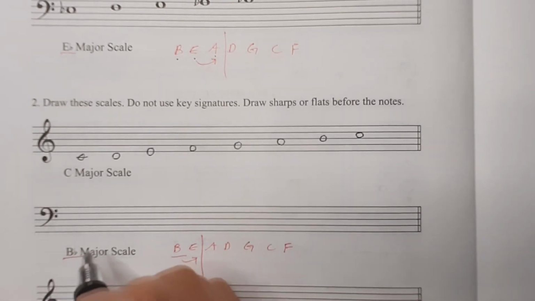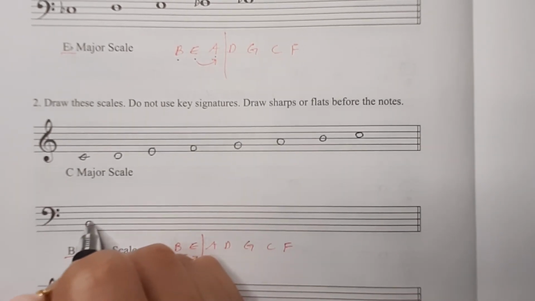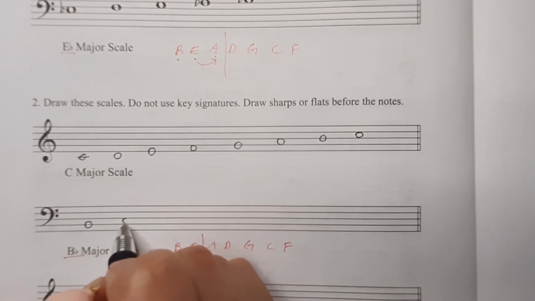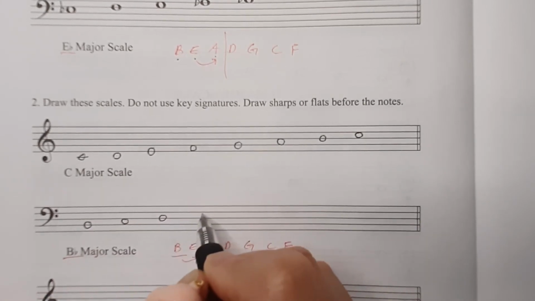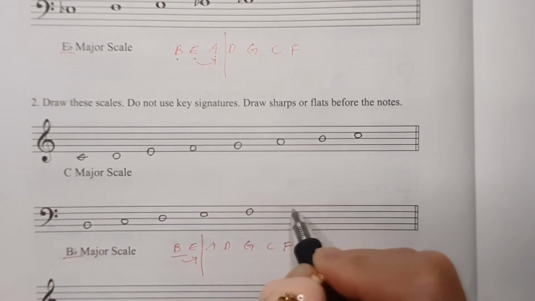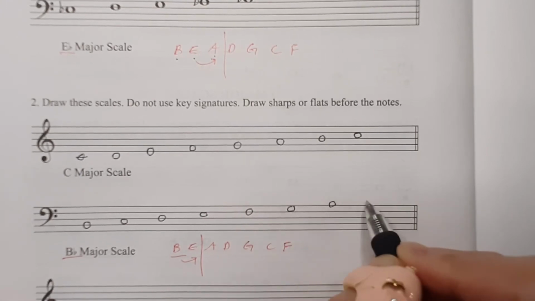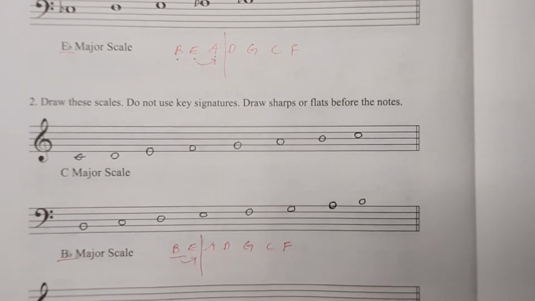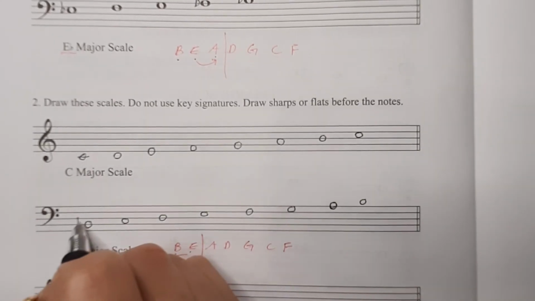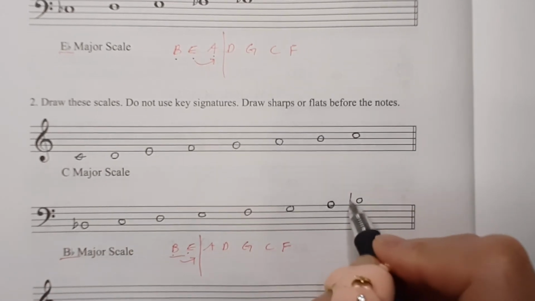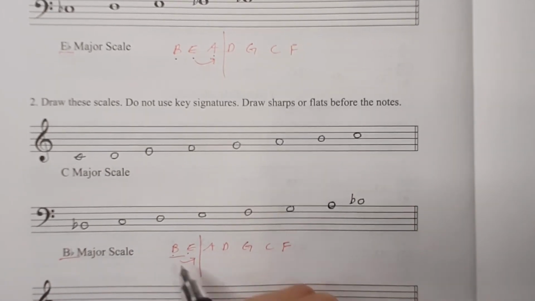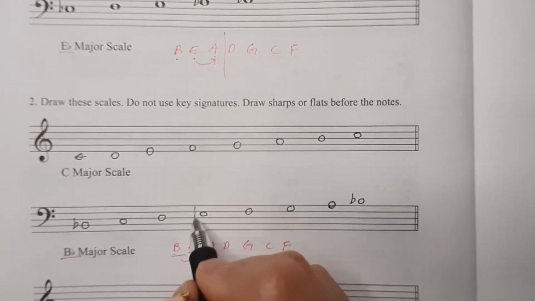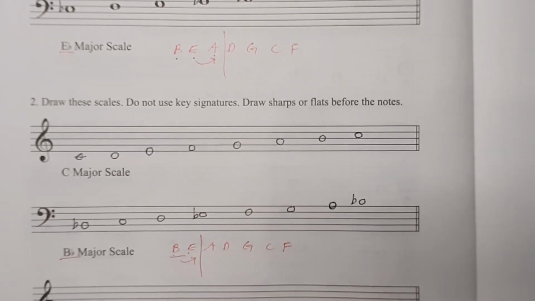Draw the notes from B to B: B, C, D, E, F, G, A, B. Now we flat B and E. Here's B and another one on the top. Now B, C, D, E. This is E flat. Good.